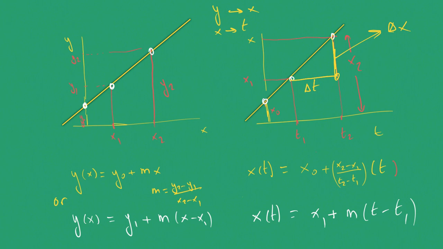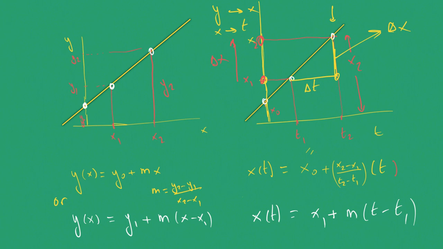So the equation of motion of an object that is moving in a rectilinear line, but the rectilinear line doesn't refer to this line, it refers to this line. So the interpretation is that the object at t equal t1 is here. At t equal t2, the object is here. So the object is moving, it's displaced by delta x from x1 to x2.